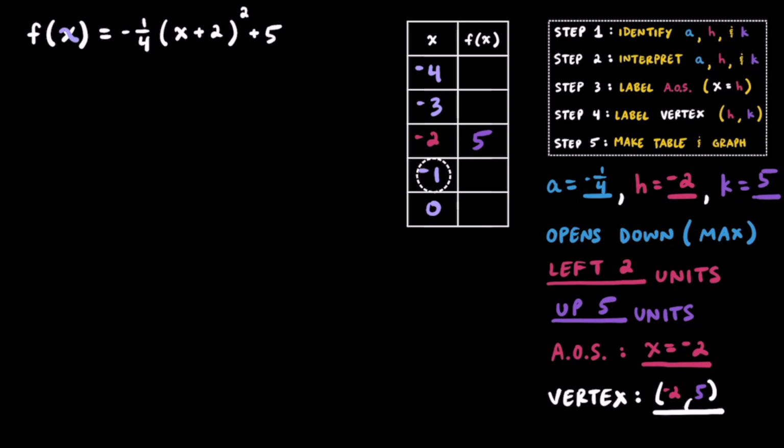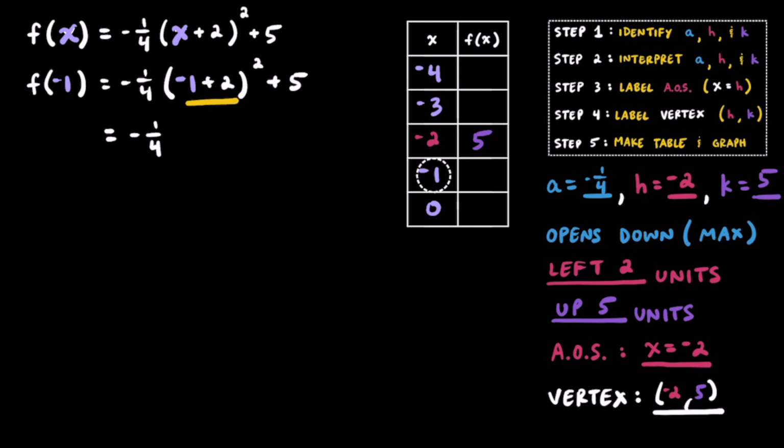Using x equals -1, let's find f of that value. Let's replace x with -1 and find out what the y value is at that location. So a little bit of order of operations here. This -1 plus 2, that's going to be +1. So we have -1/4 multiplied by 1 squared plus 5. 1 squared is going to be the next thing we'll do, and that's just going to be 1.